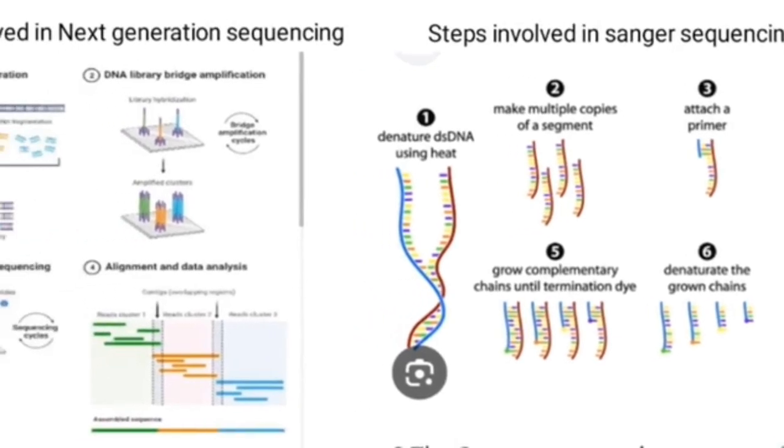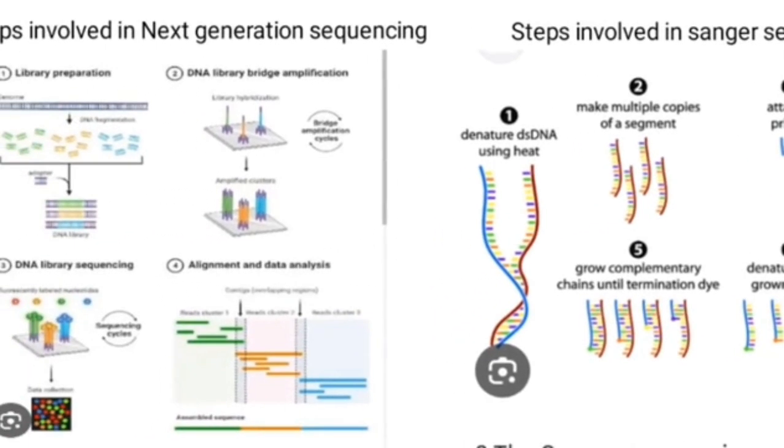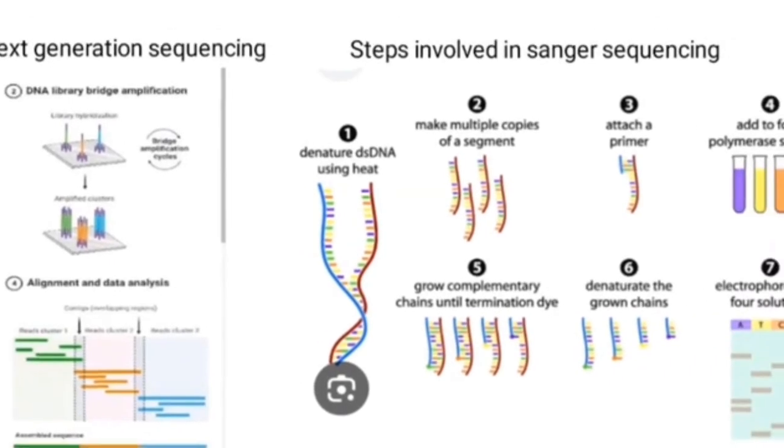You see? So when you look at these two now, the difference between this Sanger and next generation sequencing is that in next generation sequencing, there is usually the process of library formation, the DNA library, and also you see there is this sequencing cycle. This sequencing cycle in step 3 here is not present here.